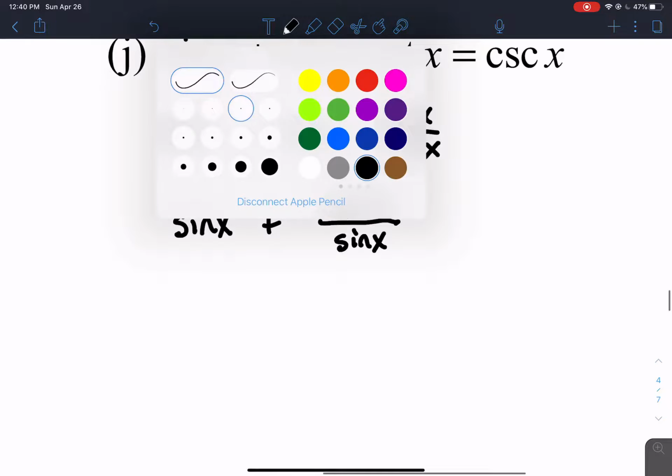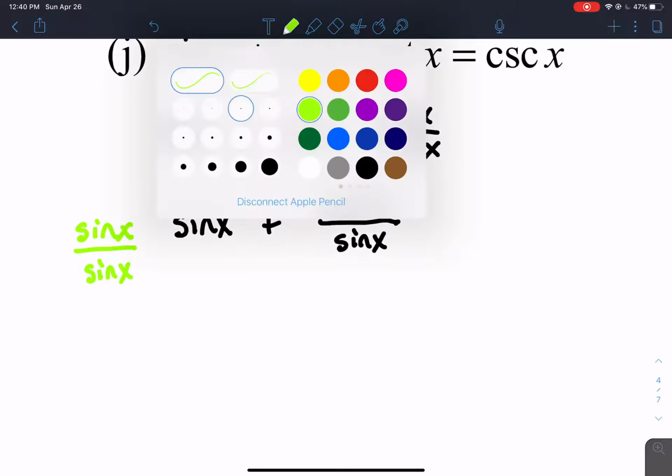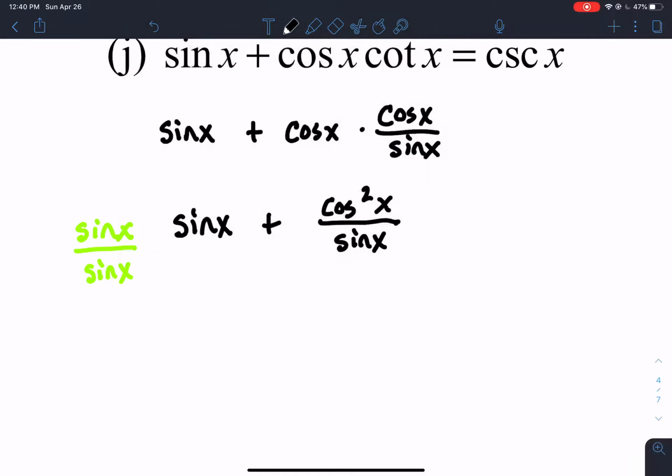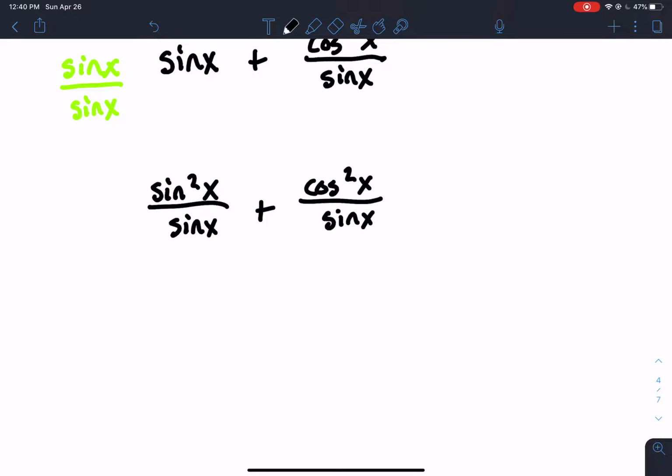So we're going to multiply this first term by sine of x over sine of x. All right, so what's that give you? You got sine squared over sine plus cosine squared over sine. All right, now you guys know, obviously, sine squared plus cosine squared is 1. If you put them together, you got 1 over sine, which is cosecant.